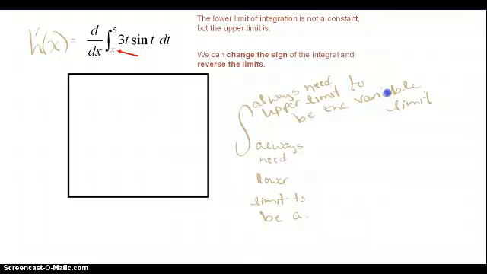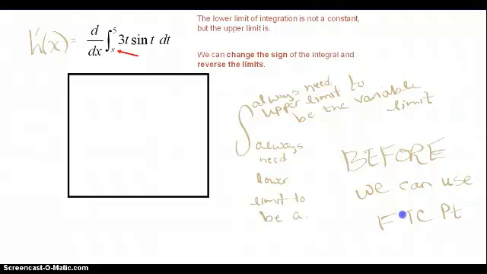We have to have this being true before we can use fundamental theorem part 2. And you can see here, that's not what we have. We have the lower limit as our variable and the upper limit as our constant.